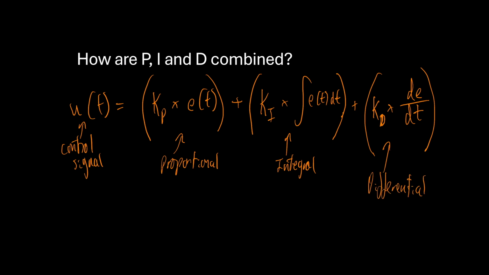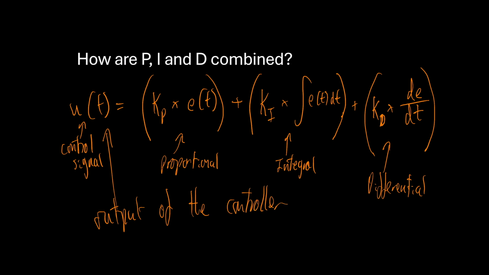And remember that combining these together makes the control signal U(t), which is the output of the controller. And so now it's important to understand that PID entirely acts on the error.